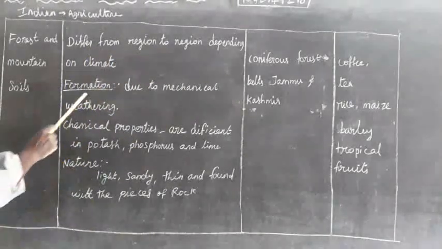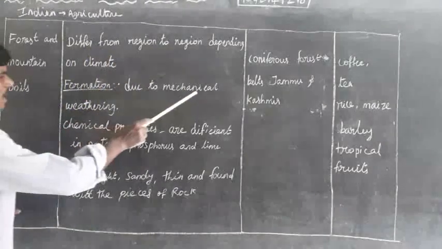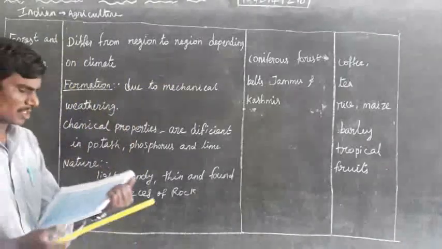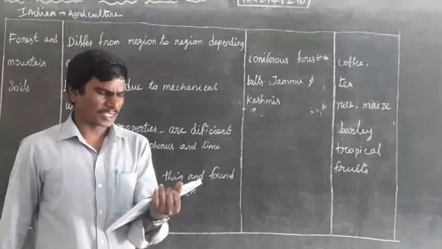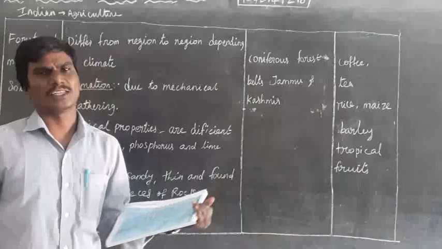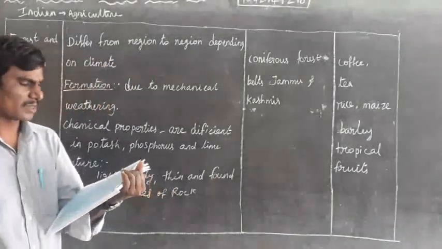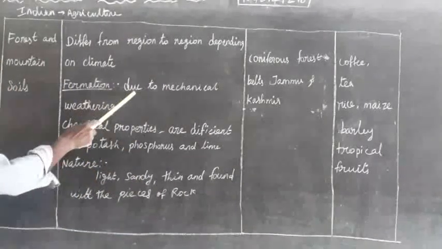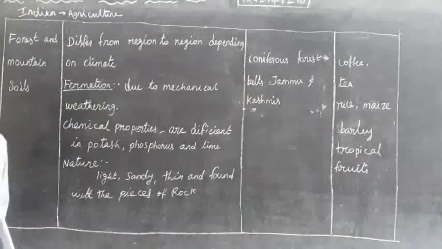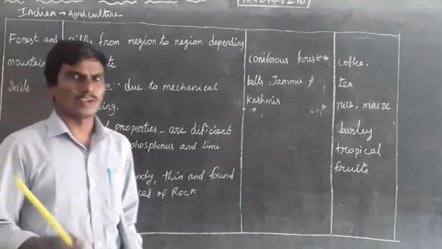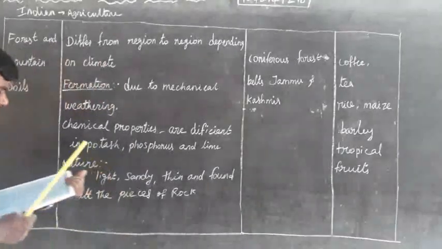It is formed due to mechanical weathering caused by snow, rainfall, and temperature variations.